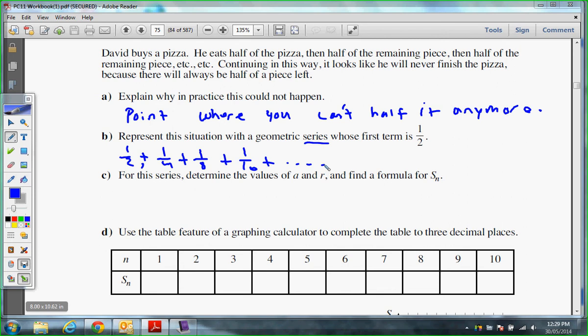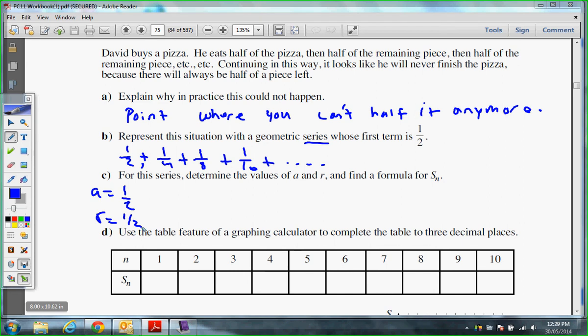Okay, for this series, determine the values of A and R and a formula for S sub n. So we know that A is 1/2 because that's the first term. We know that R is 1/2 because that's what we're doing to it every time.